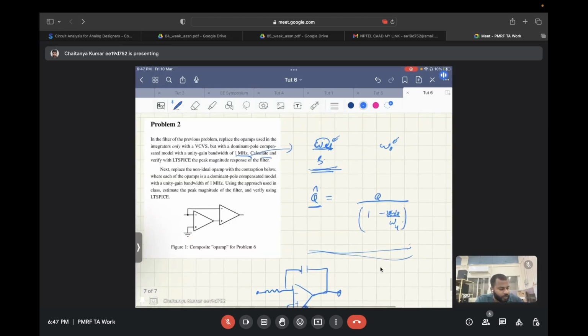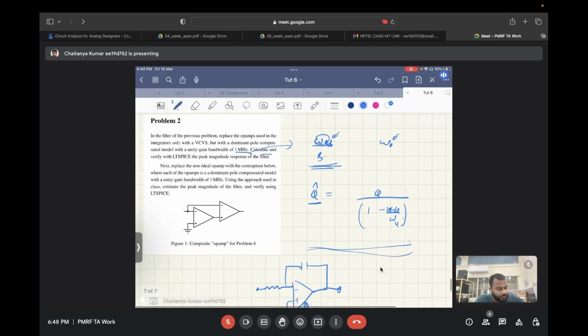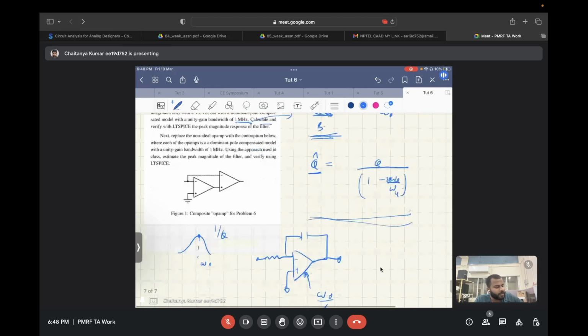Now, what you need to do is the peak response. Let's say the quality factor is significantly high. In that case, the peak response will come at omega naught, and that will be equal to 1 by cube. The approximate value of this peak response can be calculated as follows: if you have n biquads in cascade, the peak response will be Q1 into Q2 all the way to Qn.